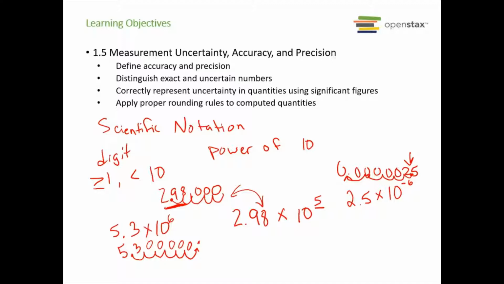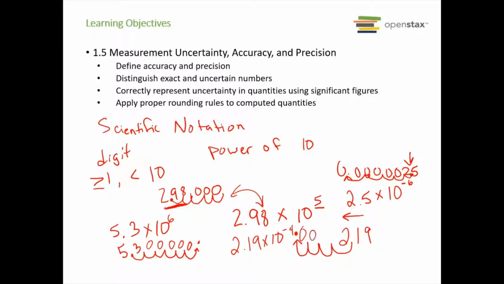Or if you have it to a negative power, same type of thing. Let's say we have 2.19 times 10 to the negative 4th power. I'm going to start by writing 2.19, and then this time my decimal needs to go to the left. So we have 1, 2, 3, 4. Decimal place.